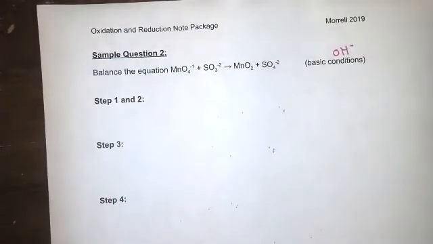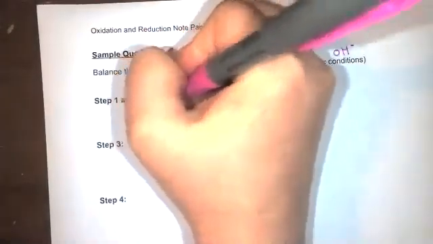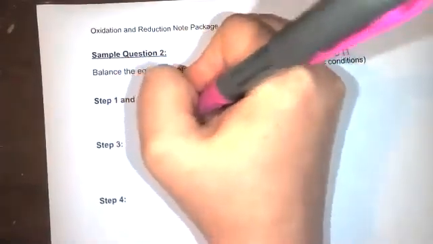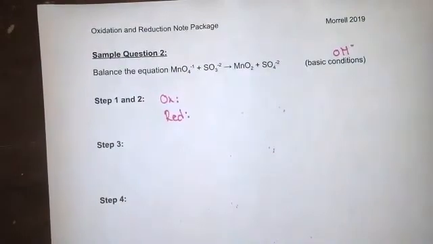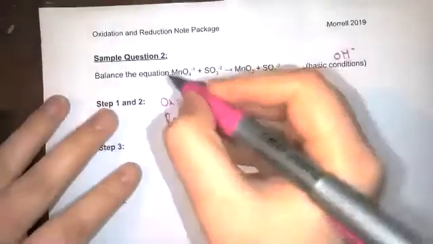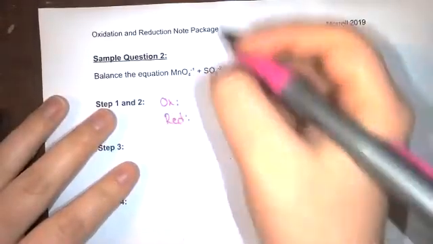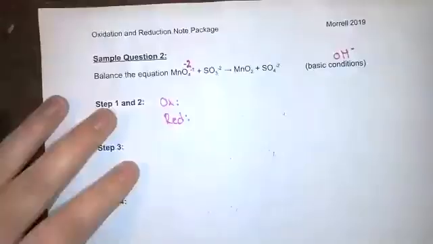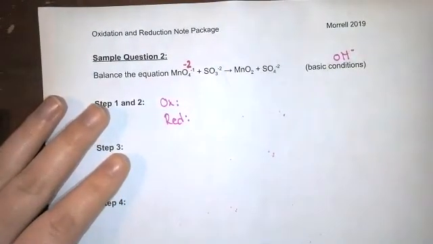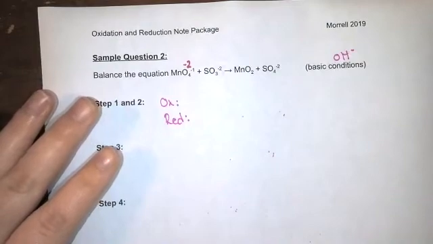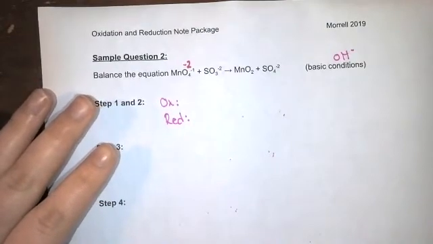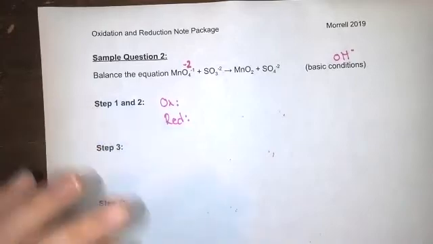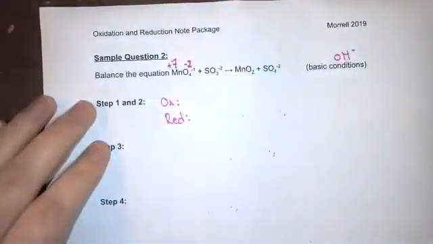So before we find out what's our oxidation and what's our reduction, we need to know our oxidation numbers. For my oxygen, I know that they're each going to have a -2, but there's 4 of them, so a total of -8, but this has to equal -1, so my manganese must have been +7.